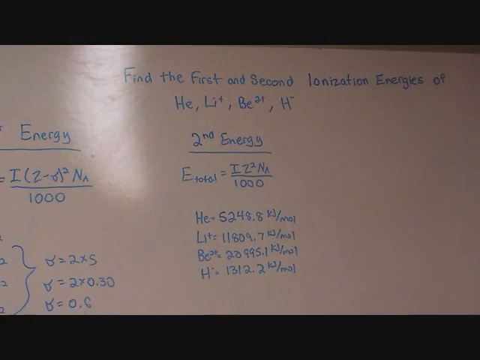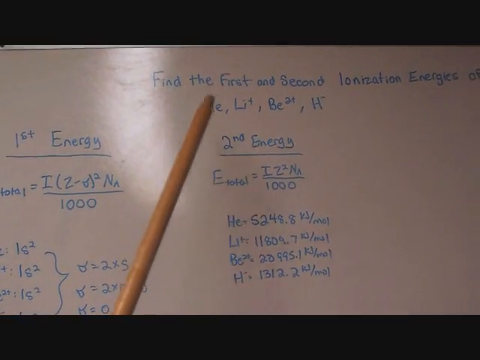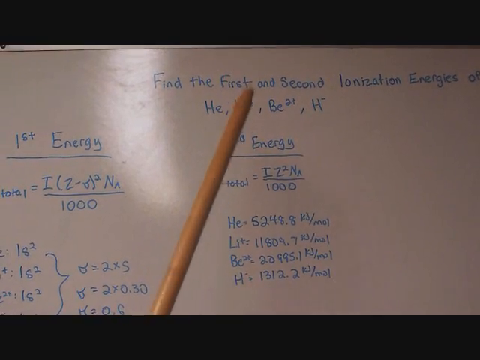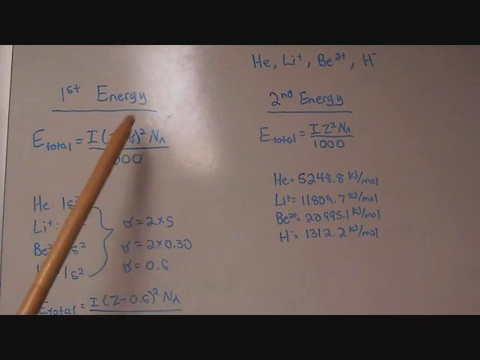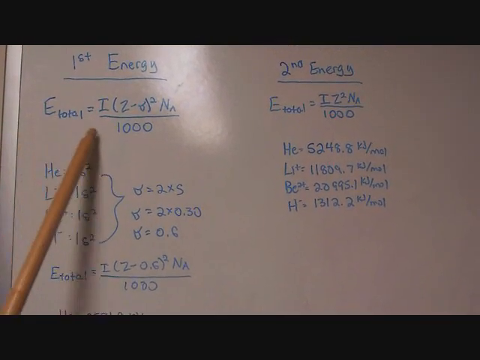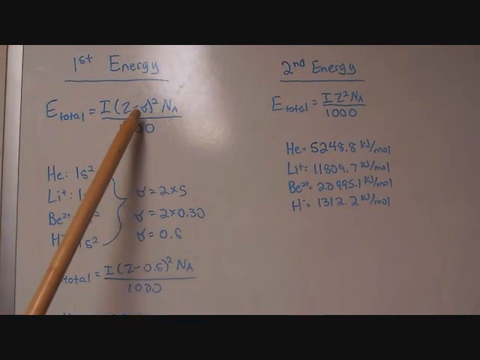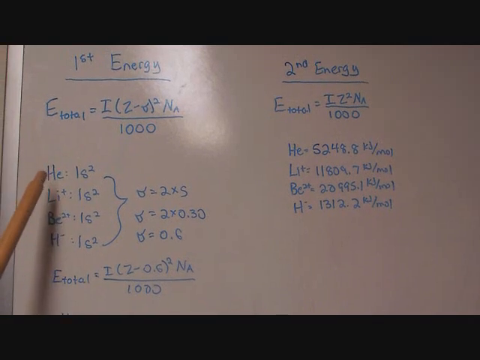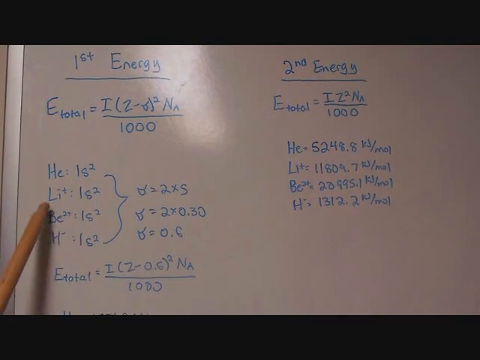In this part of the lab, we were to find the first and second ionization energies of helium, lithium plus, beryllium 2 plus, and hydrogen minus. So in order to find the first ionization energy, we have our general equation that we solved for previously. In this, we need to calculate the shielding constant for each of these atoms. So in order to do that, you have to write the electron configuration of each of these atoms.